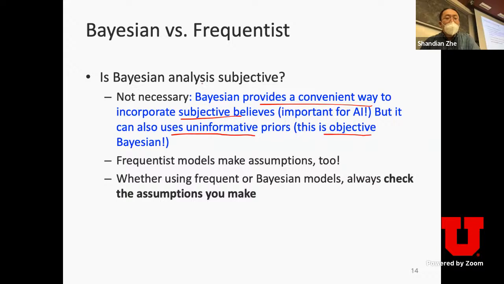This point is often criticized by frequentists, because frequentists always say you are not doing objective things. We are doing science, and science should be objective. You shouldn't incorporate any subjective beliefs. But actually, frequentist models also make assumptions. If you do any hypothesis testing or confidence interval estimate, you have to make some assumption about your estimate. In many cases, you are assuming your MLE estimate or whatever estimate follows some Gaussian distribution or some Student t distribution. Without this distribution form, you can't get an interval estimate.